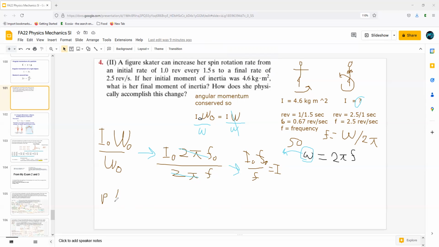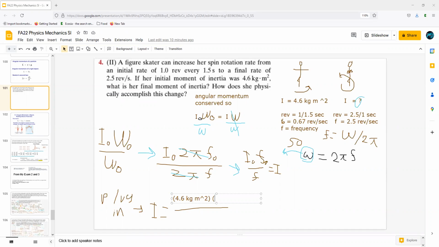Anyway, from there you plug in I naught, which was, as we saw, 4.6 kilograms meters squared.